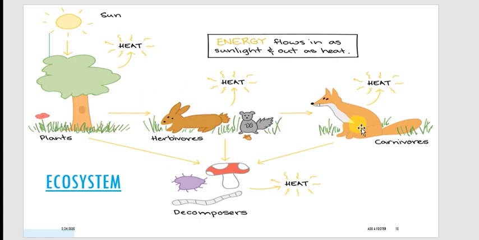Animals who eat meat are called carnivores. So there's an interaction between carnivores and herbivores, a food interaction, a food relation. It's like a food chain. And herbivores also interact with plants by eating them and with the sun by taking the heat.